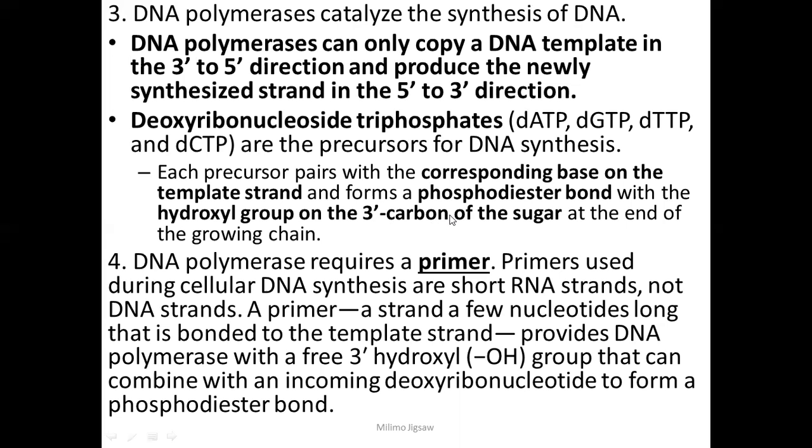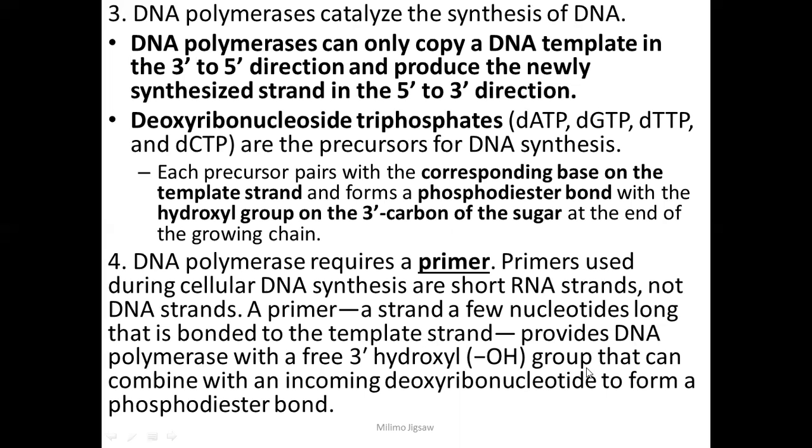3' end carbon of the sugar. And then DNA polymerase cannot initiate DNA replication, so it needs what is called a primer. It needs an RNA primer, which is simply a strand of a few nucleotides that is bonded to the template strand.